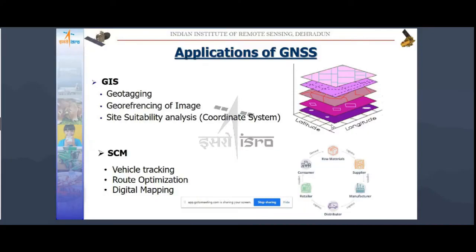Similarly, if we have old image information of, say, dairy collection centers, we have the information only on paper. When we scan it and bring it into QGIS software, the GIS environment, it does not have any proper coordinate system or coordinates. So we assign coordinates to this image.